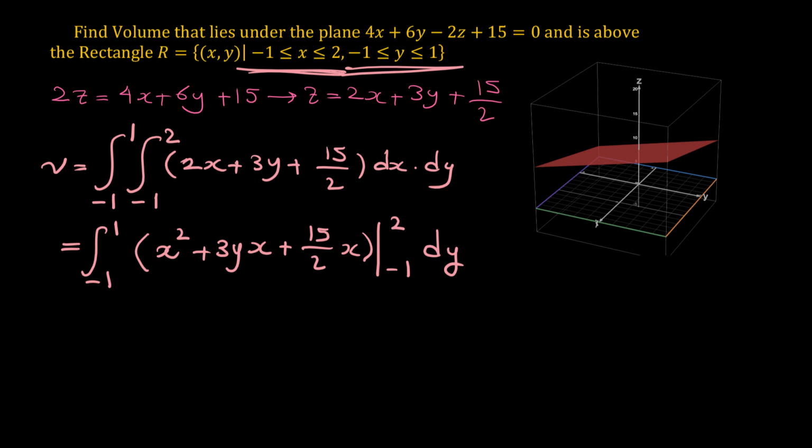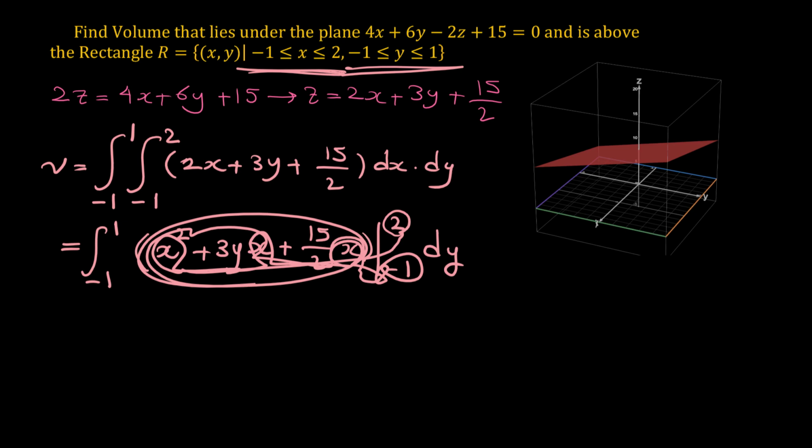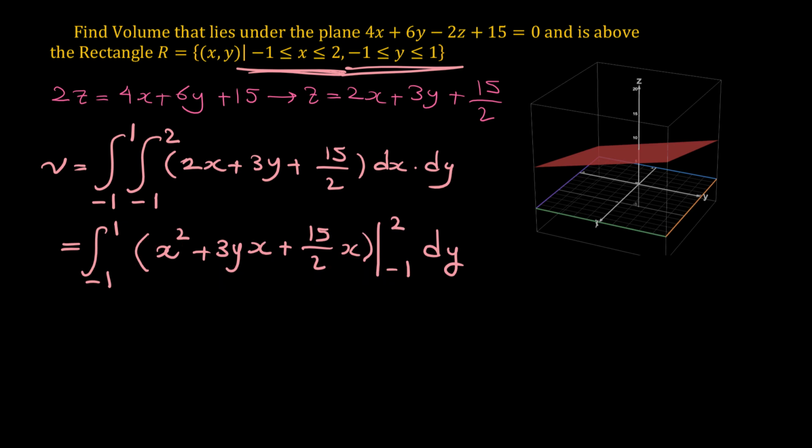Now we have to plug in 2 for x and then -1 for x, and we have to simplify this. So we have integral from -1 to 1. If we plug in 2, 2 to the 2 is 4.